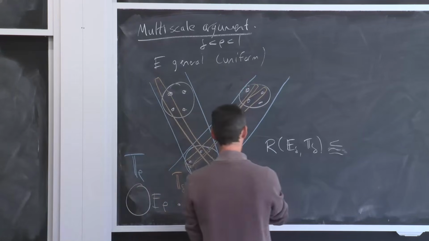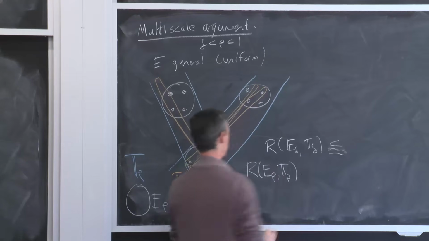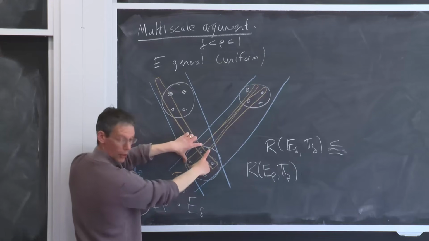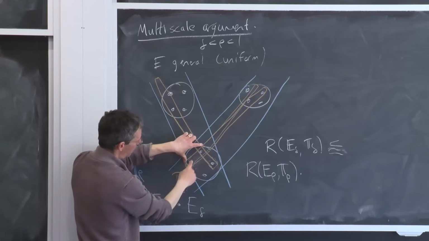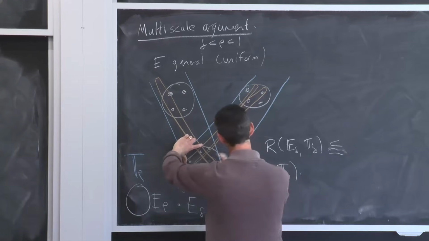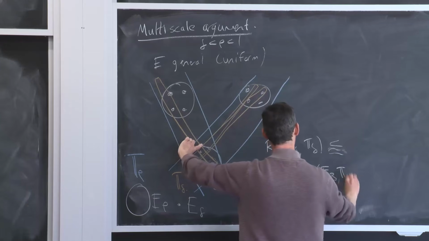That would be R of E rho T rho. And then we look inside each of those rho balls at this short delta tube, and we ask, how many delta balls does it hit? Let's call one of these balls B, the typical rho ball. And it would be R of E_B T_B.